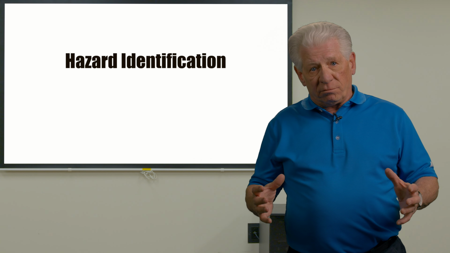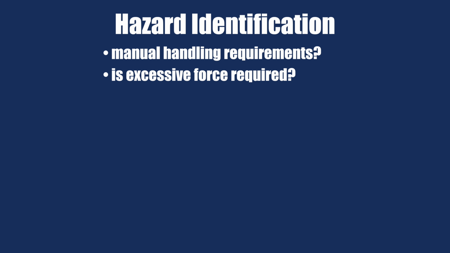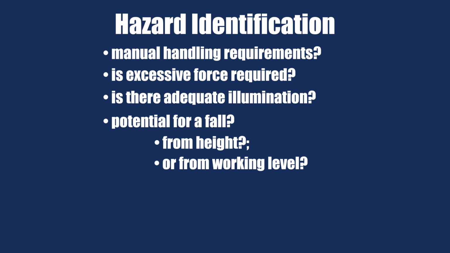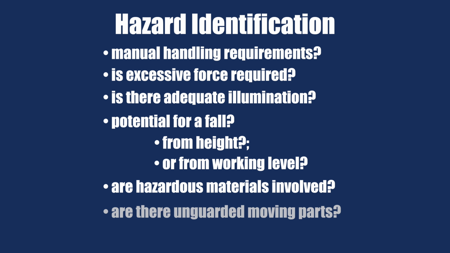For example, are there manual handling requirements, such as lifting, carrying, pushing, pulling? Is excessive force required? Is there adequate illumination? Does this task include the potential of a fall occurring, either from height or from working level? Are hazardous materials involved? Are there unguarded moving parts, and so on?